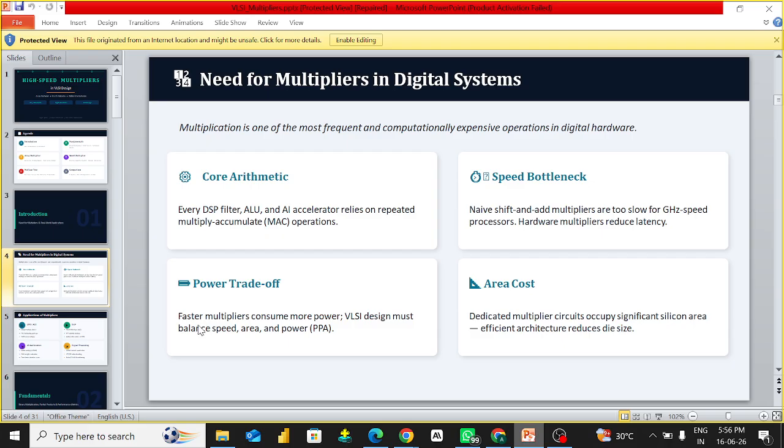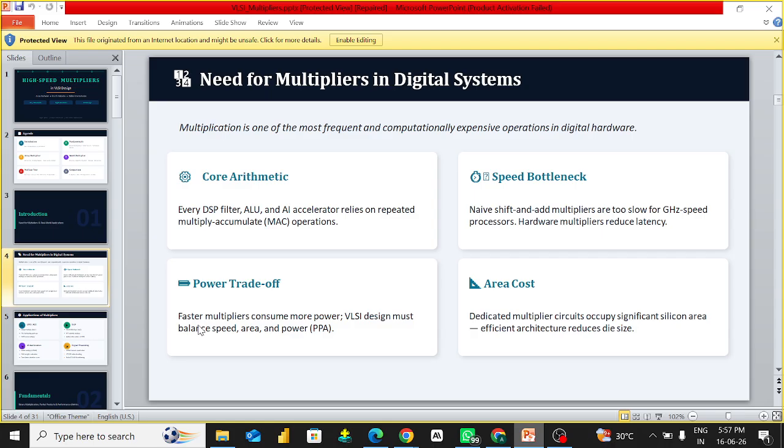Hence, when you are designing anything, like a multiplier or adder, you must have a balance. It should work at a particular speed, and other factors like power consumption and area should also be in balance.